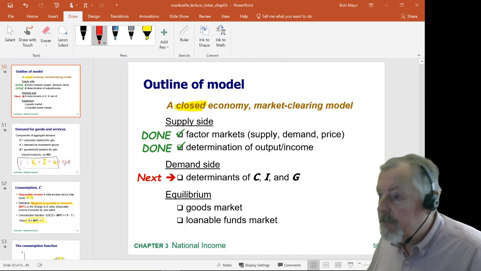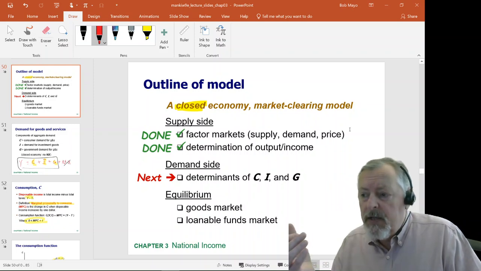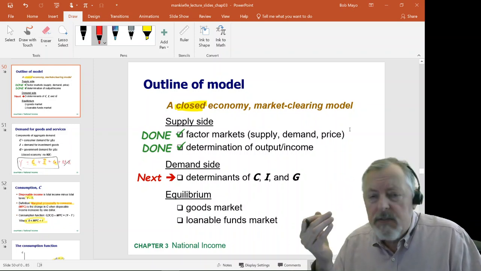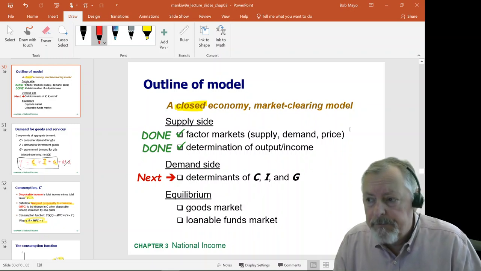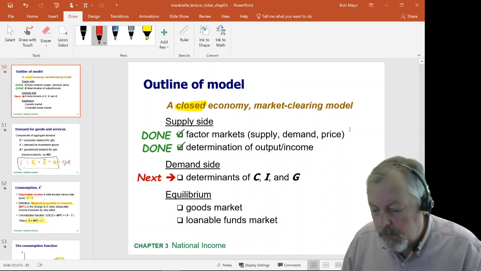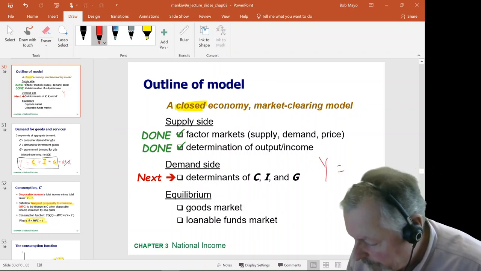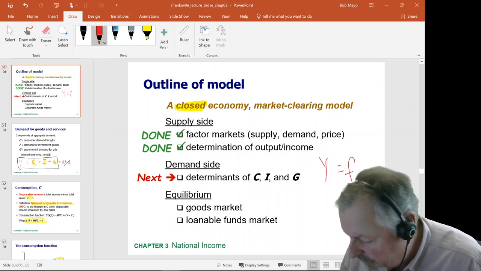Well, this isn't the graph, but it's close enough. In equilibrium, supply and demand have to balance. Supply is output, some function of capital and labor.